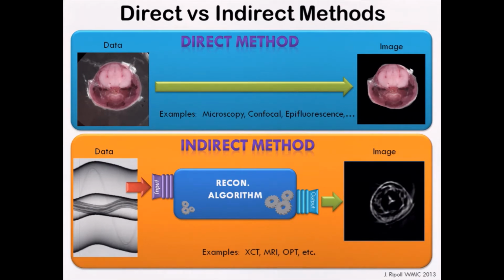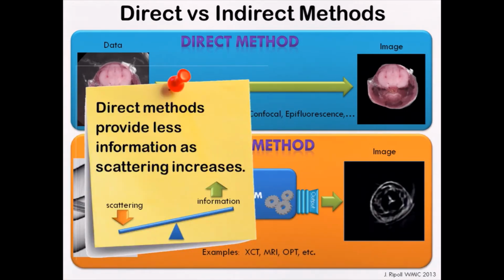What I'm showing here is an example of OPT. This looks like a sinogram that you would have in CT imaging, so you need a reconstruction algorithm in the middle. And what I want to point out is that direct methods are really nice because what you see is what you get. But the problem with those is that the more scattering is present, the less information you obtain.